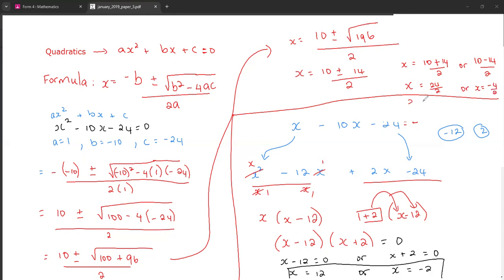So x is equal to 24 divided by 2, which is 12, or x is equal to negative 4 over 2, which is negative 2.